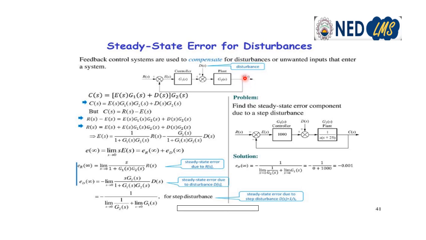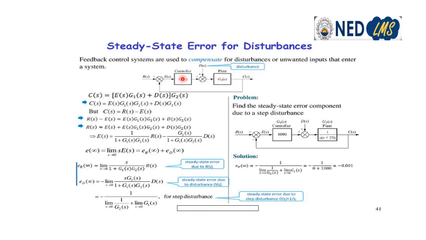If we write the expression for C(s), we have already done it when we were doing block diagrams. C(s) is actually a combination of the signals coming from this side. It is the product of G2(s) cascaded with these two blocks.